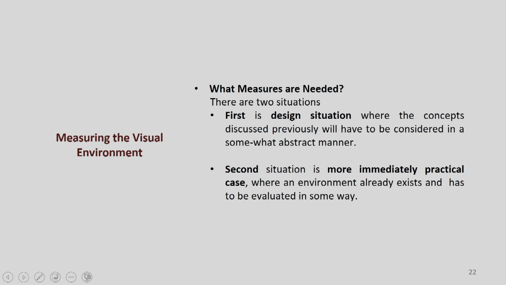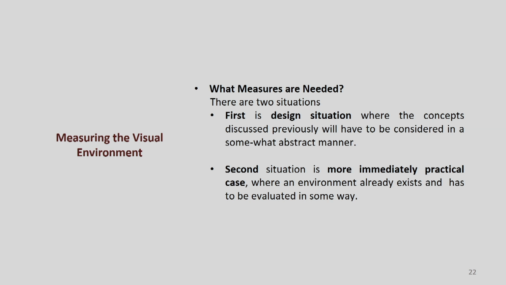So, what measurement should we do? For that we have two very specific situations. First is the design situation, where the concepts discussed previously will have to be considered in a somewhat abstract manner. Whatever we discussed, luminance, illuminance and all these concepts, we can use these values in an abstract format.